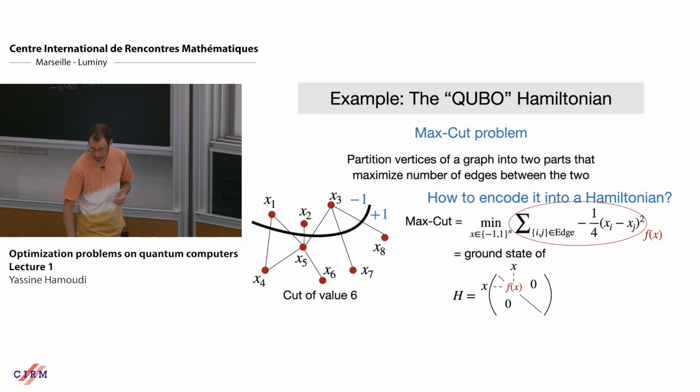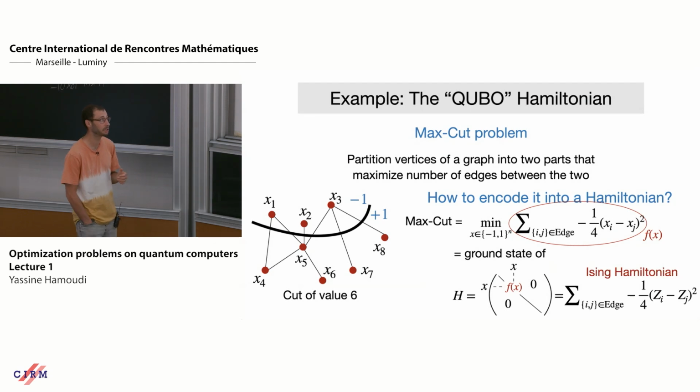It turns out that such a Hamiltonian is actually pretty well known. It's called an Ising Hamiltonian, and it can equivalently be written in the following way, which is a sum of Pauli Z matrices.